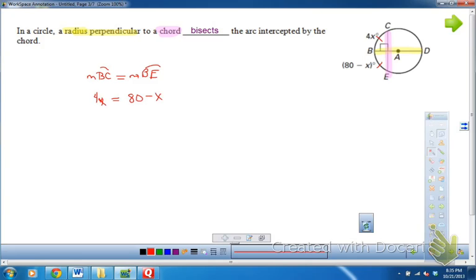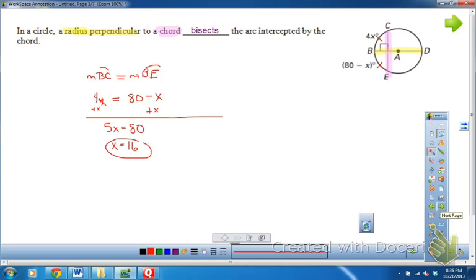So if you were to solve this, add x to both sides, and you have 5x equals 80. Then divide by 5, and you have x equal to 16 in this case. And then if you wanted to find the actual measure of that arc BC, you'd plug the 16 back in to solve for the actual measure of those two arcs.